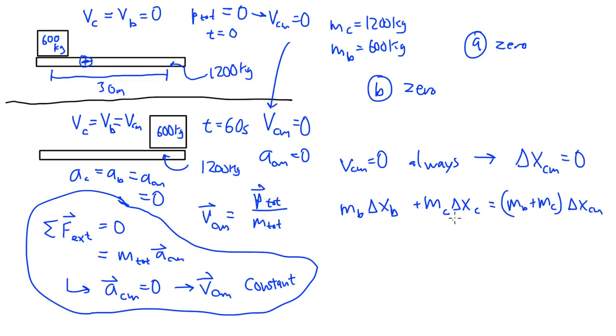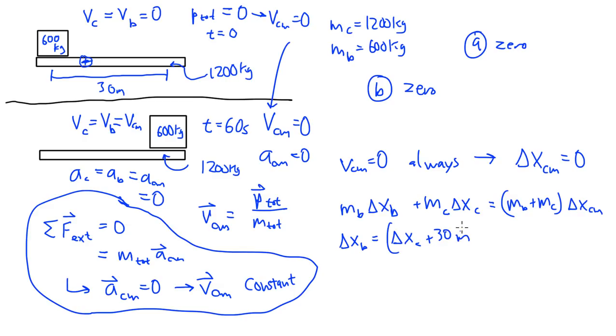The balls now move 30 meters relative to the train car, which means that delta x for the balls equals delta x for the car plus 30 meters.